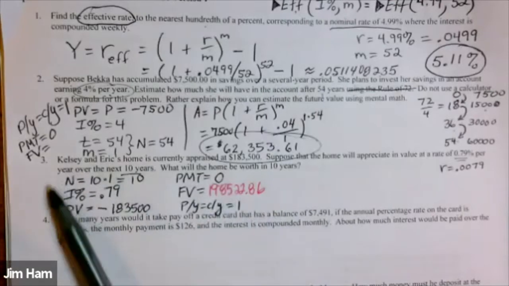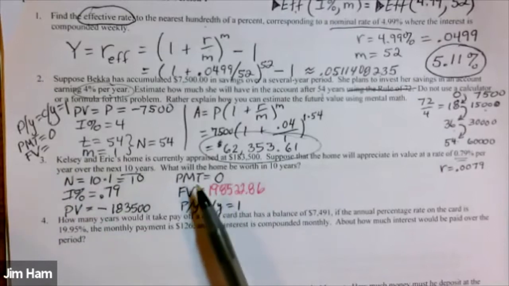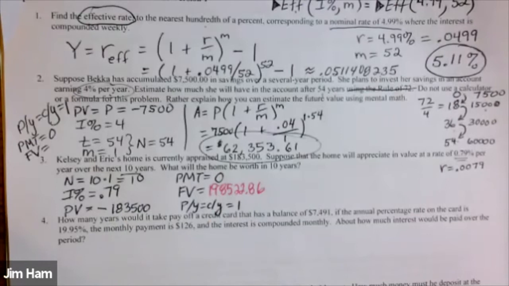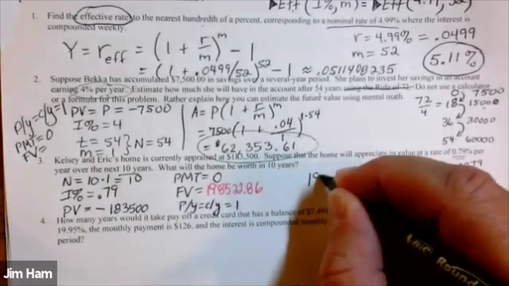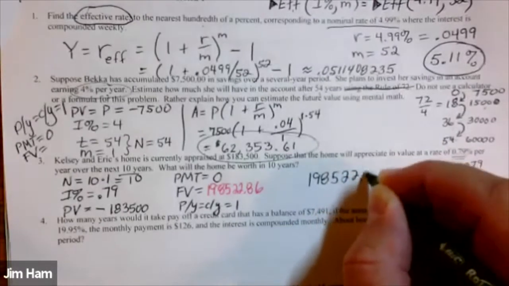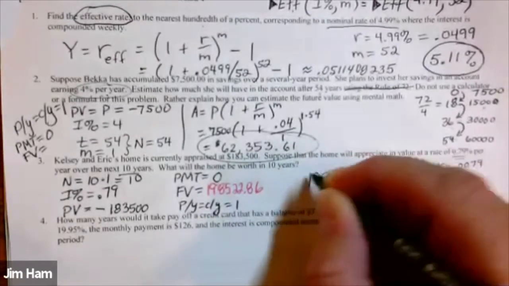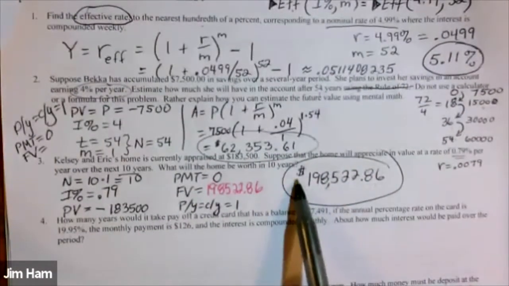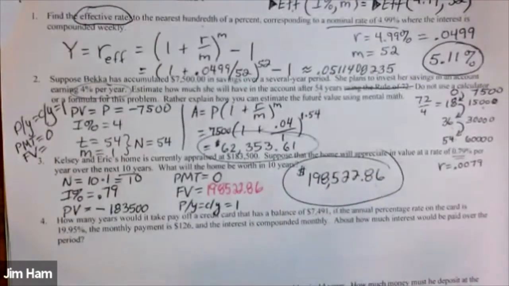So if this problem was worth 3 points, you would get 2 of the 3 points because all of the work is correct. To get the 3rd point, you have to tell me what the answer is. You can't infer that I'm going to read your answer from the table. So it should be rounded to the nearest penny, the $ included, and kind of off to the side somewhere.